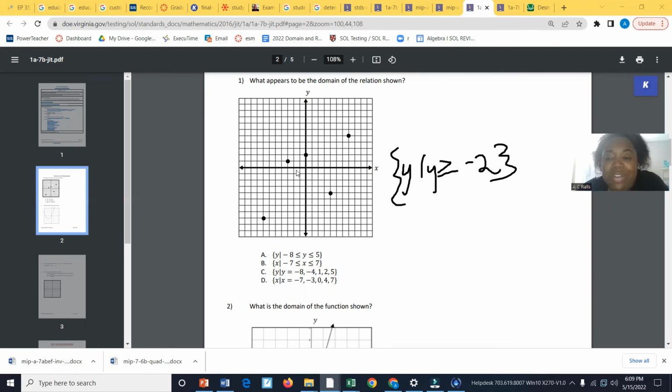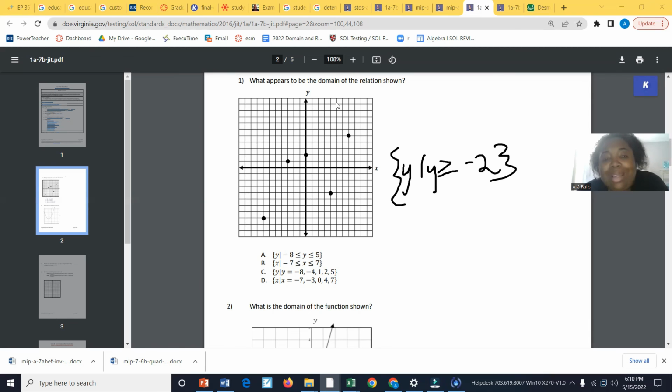These are just specific dots, and because they're dots, we can write out coordinates. So we would use D because you do have -7 as an x, you do have -3 as an x, you do have 0, you do have 4, and you do have 7. So D would be your domain.